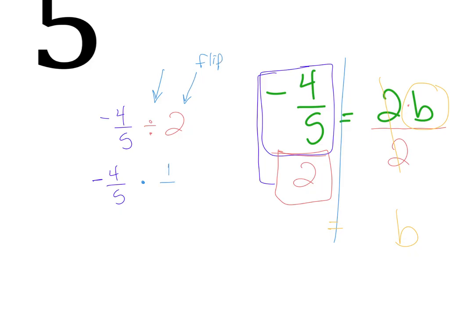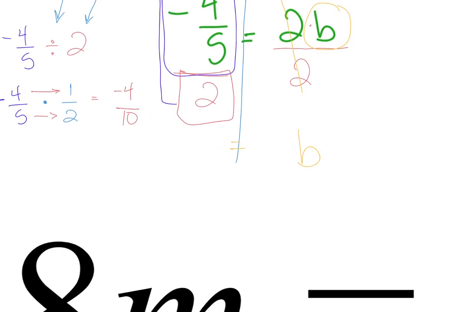So 2 over 1 becomes 1 over 2. And then this becomes negative 4/10, also known as negative 2/5. So B is negative 2/5. Why is it negative 2/5? You can divide both those by 2.